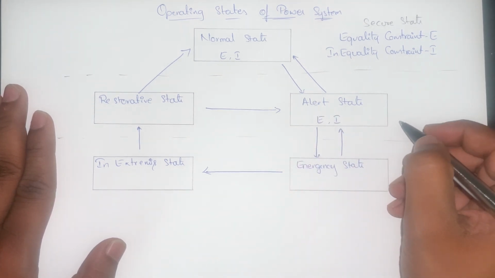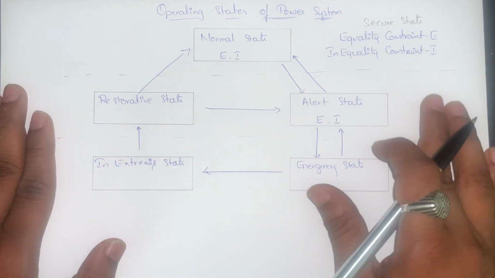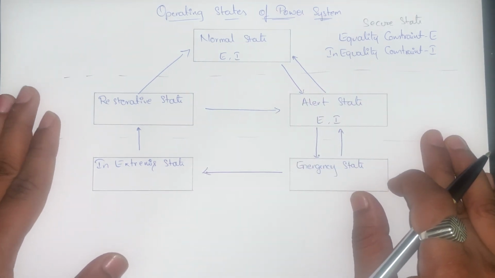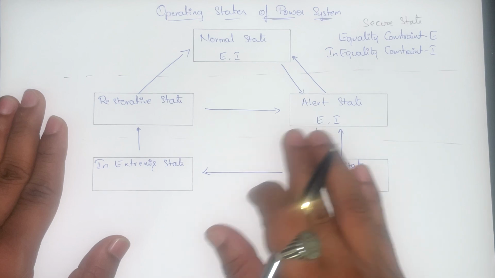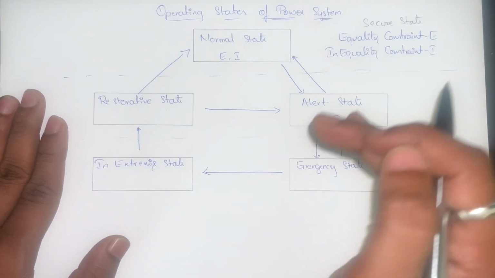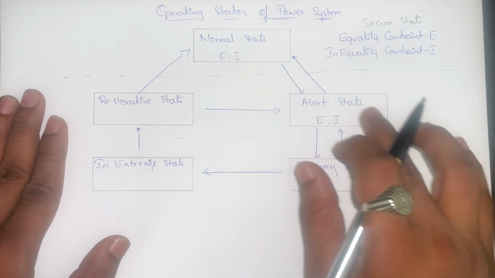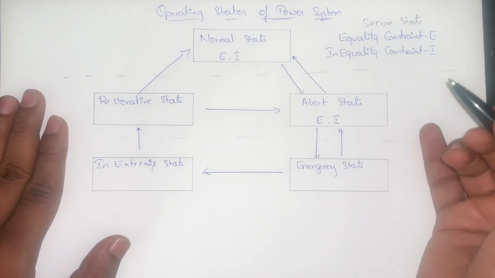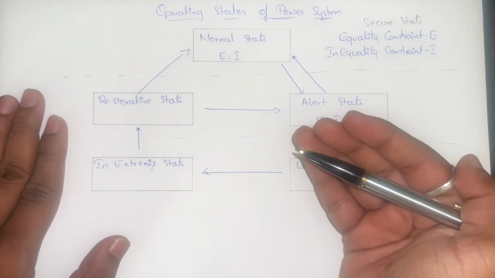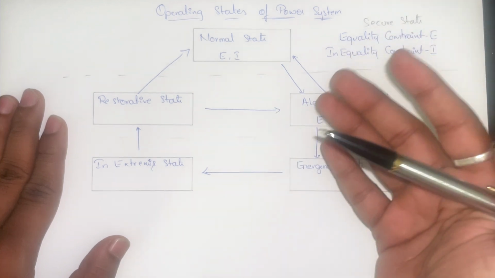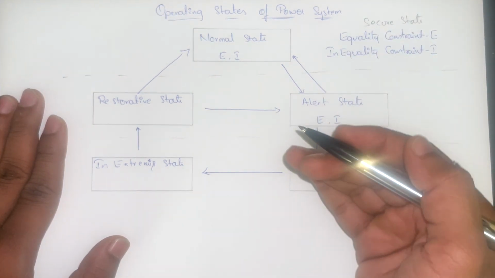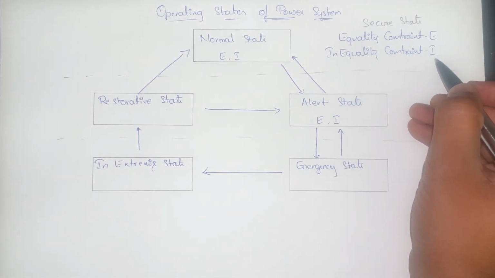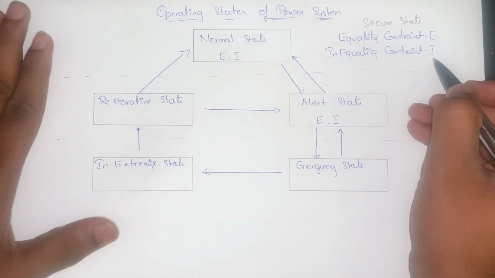However, the reserve margins are reduced now because of some increase in the demand or unexpected loading conditions. The generators are being overloaded, or the reserve margins are being reduced in this case. There is some possibility that inequality constraints, like the limits on the generator, may be violated because of the disturbance.